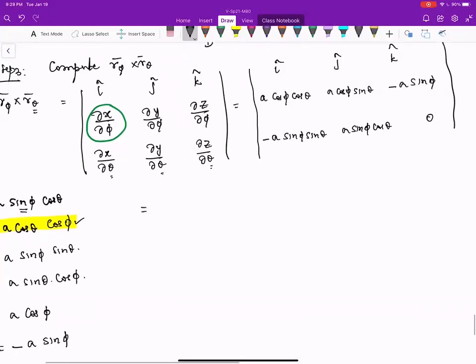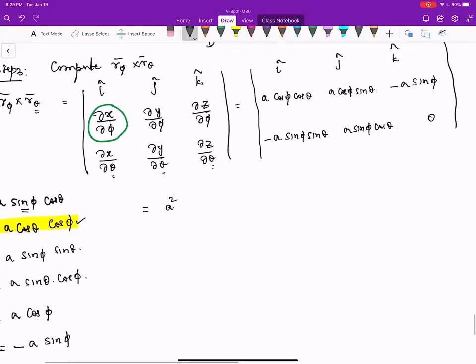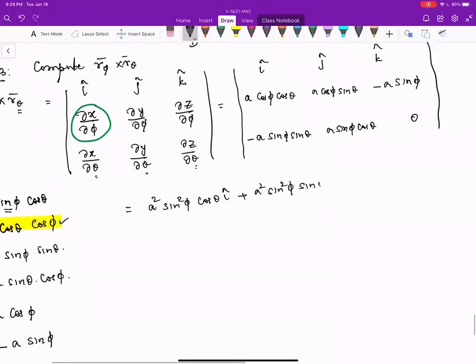If I expand this in terms of i, j, and k, I will get, please check this, a square sine square phi cosine theta i, plus a square sine square phi sine theta j, plus a square sine phi cosine phi k.